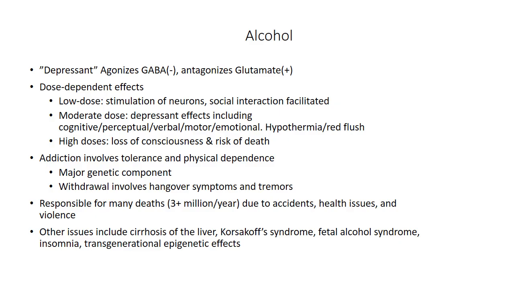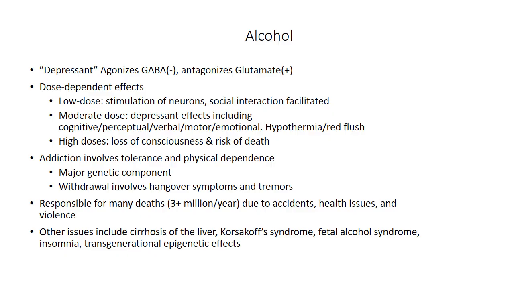And then you get the depressant effects with moderate doses, including reductions of cognitive abilities, perceptual abilities, verbal, motor, and emotional processing. You also get hypothermia and red flush. At high doses, of course, people lose consciousness completely and you can die.